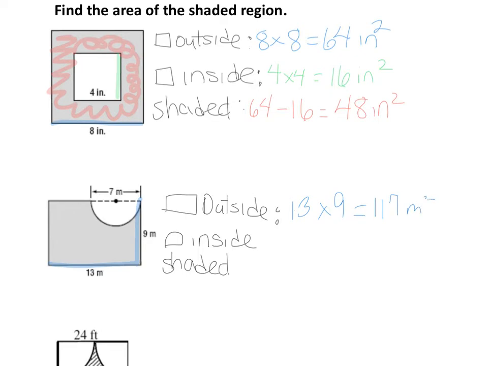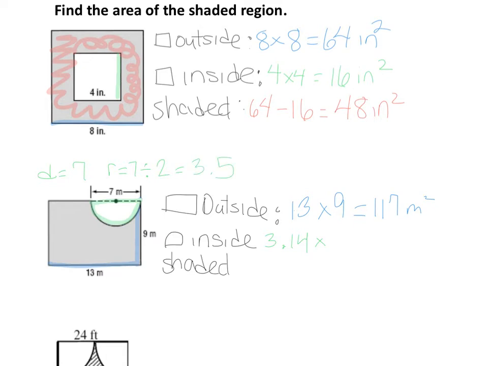Then we look on the inside, and we notice that we have a semicircle, and that the diameter is equal to 7. Well, we know that area of a circle is pi times radius squared, or pi r squared. So we would do 3.14 times r, which is going to be 7, the diameter, divided by 2, which is 3.5.